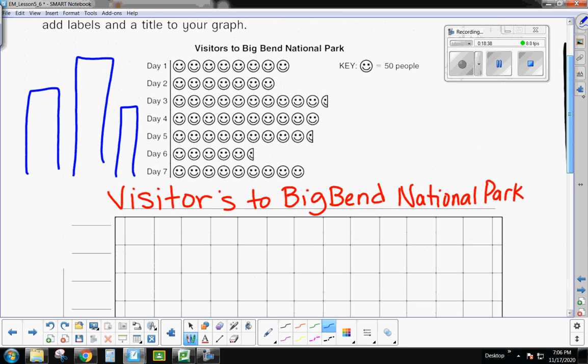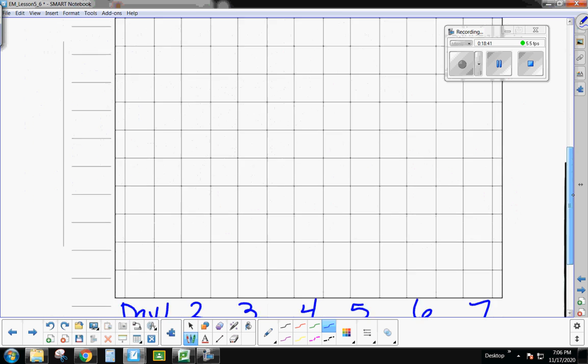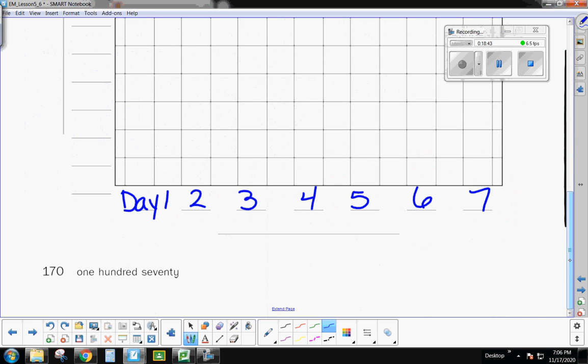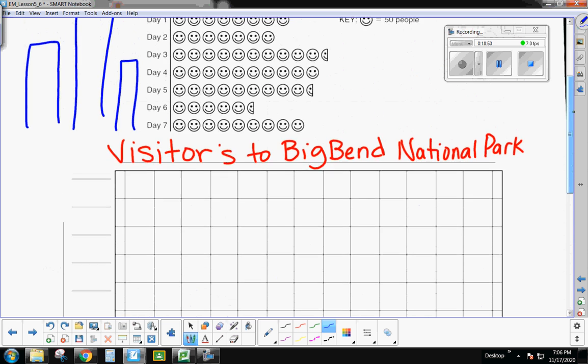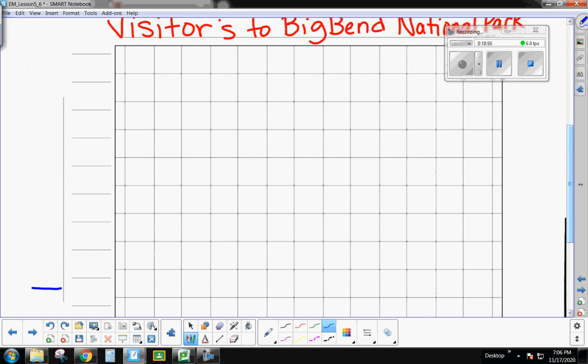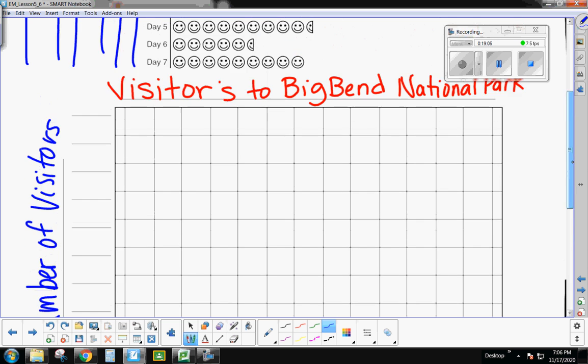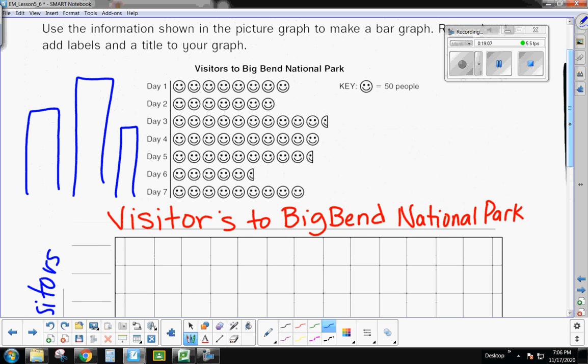Okay? Now, when I label that, these numbers are my days. Now I have to create my scale over here, and this is going to be my number of visitors. So that's what you should have had labeled here: number of visitors. And I have to decide on my scale. With a picture graph, they use a key. Every smiley face is worth 50 people.